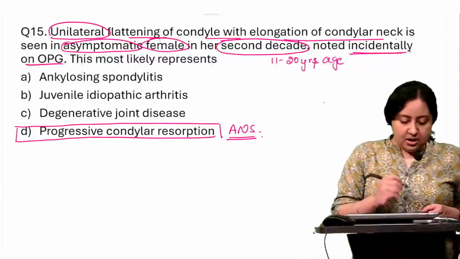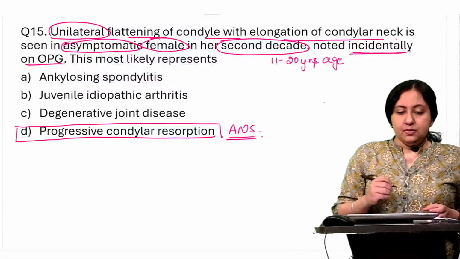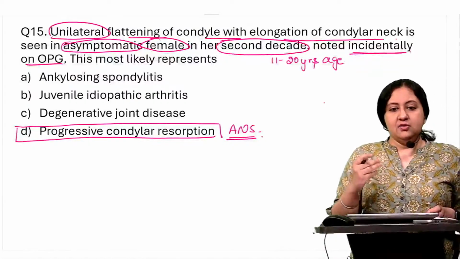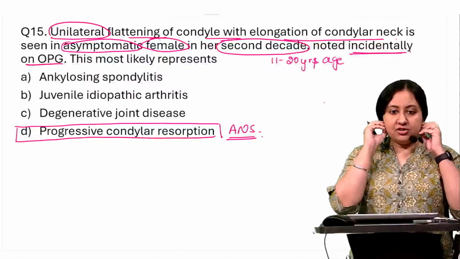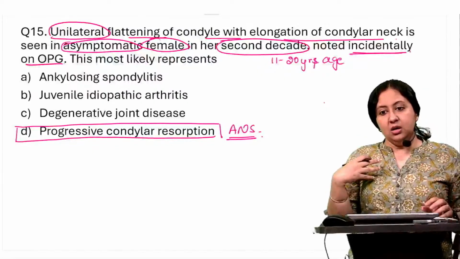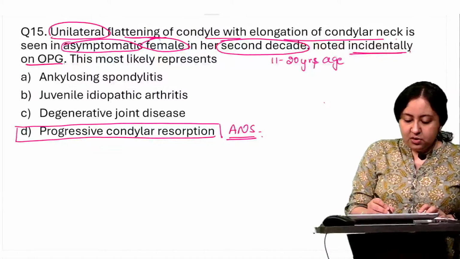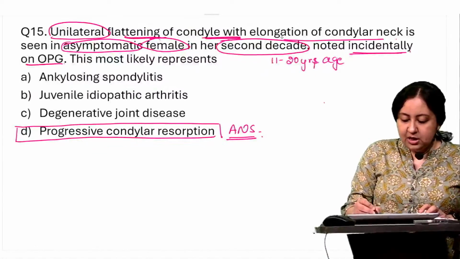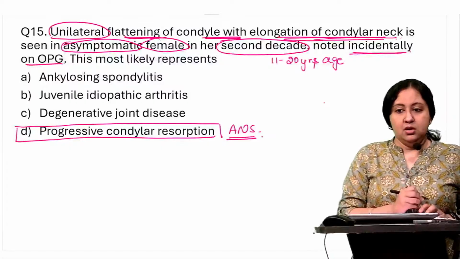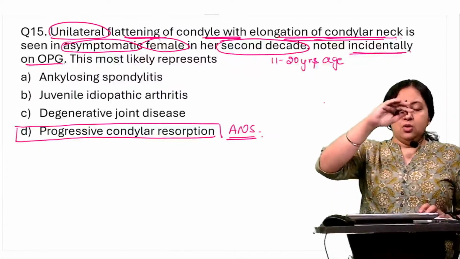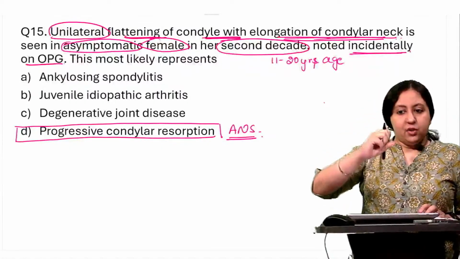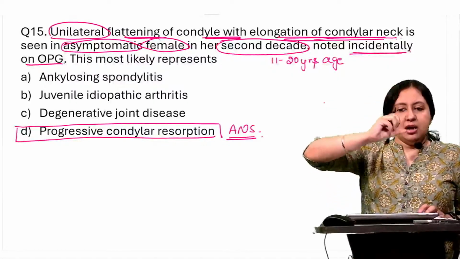Now if you ask me, only degenerative joint disease is something which is unilateral, rest all are bilateral. But unilateral flattening of condyle with elongation of condylar neck. Alright. So when the condyle flattens out, it gives a false appearance that the condylar neck has elongated.